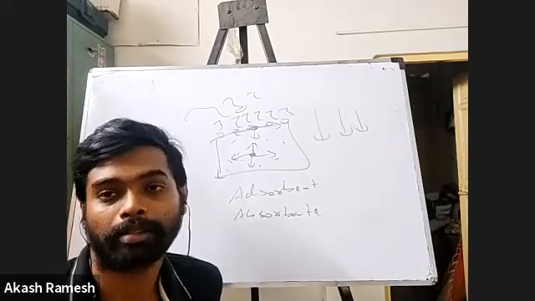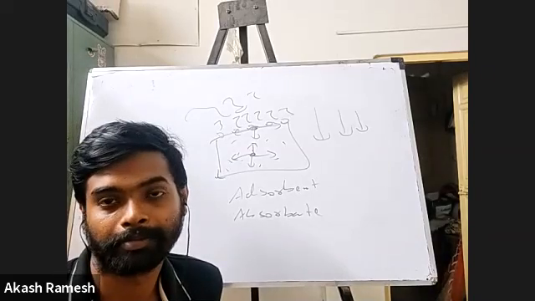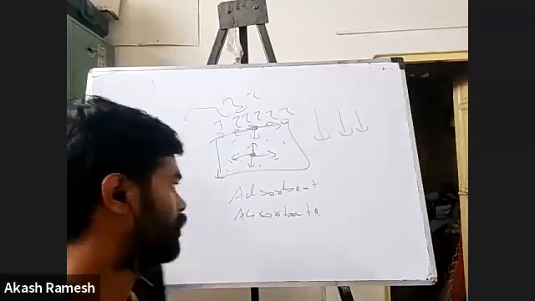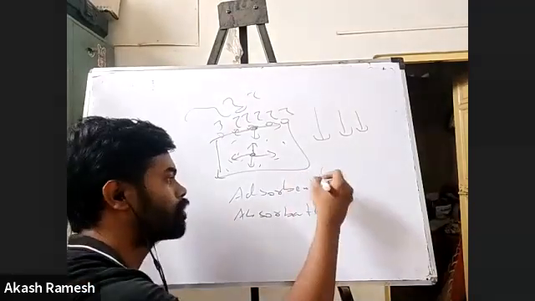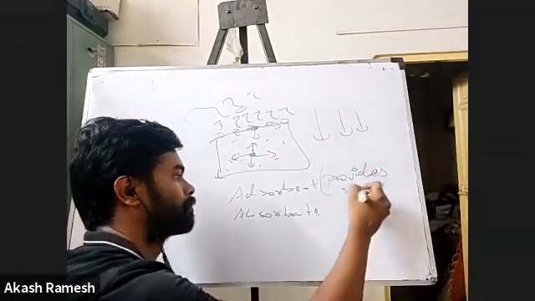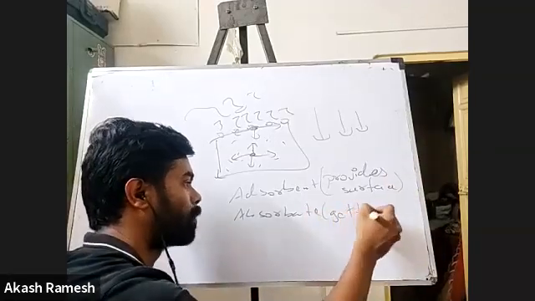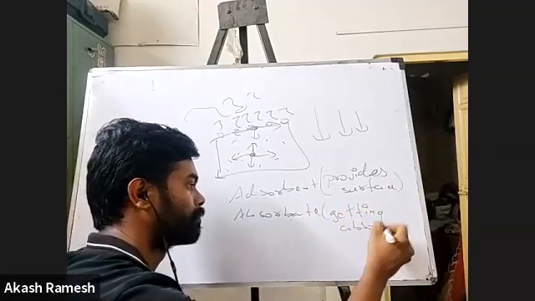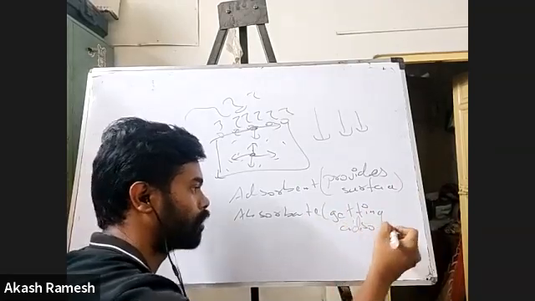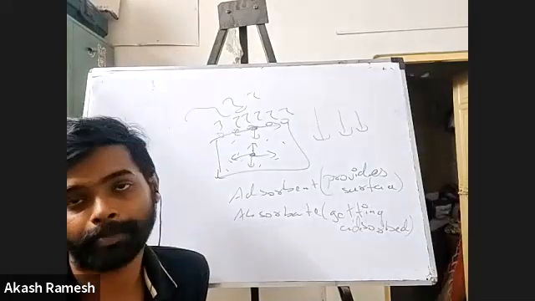The one which provides the surface is the adsorbent. Yes, absolutely. This is the one which provides the surface, and this is the one which is getting adsorbed, the adsorbate.